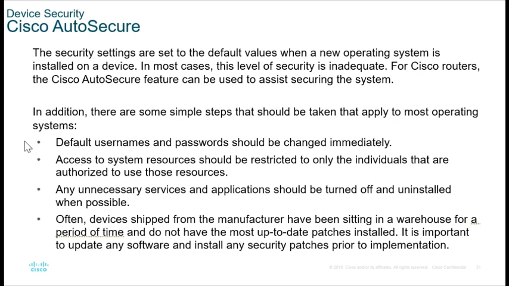One, of course, you should change the default usernames and passwords, right? Sebab orang can easily guess lah kalau default ni. Next, you should input the restriction, siapa yang boleh masuk dan siapa yang tak boleh masuk to certain resources. So ni according to privilege level lah, right?